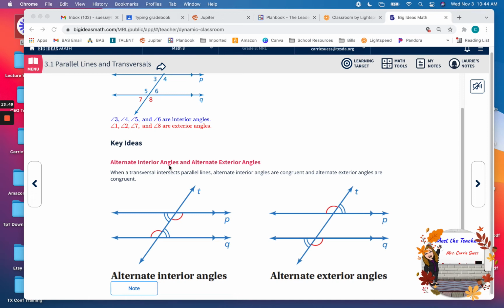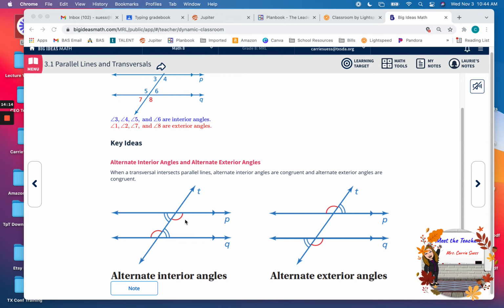No, it's okay. Just throw it out there. Alternate. How about opposite? Is that kind of a synonym? Okay. So when you think of alternate interior, you need to think of on either side. If I tell you to alternate your left foot to your right foot, you're going to step on your left foot, then step on your right foot. Make sense? Okay. So alternate angles means they are on either side of the transversal.